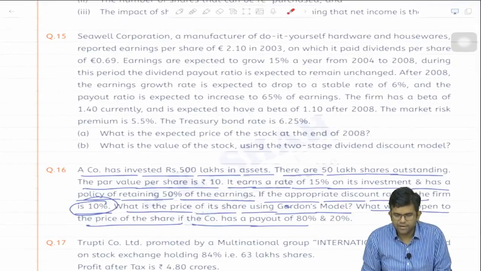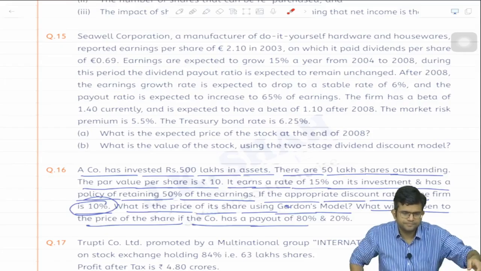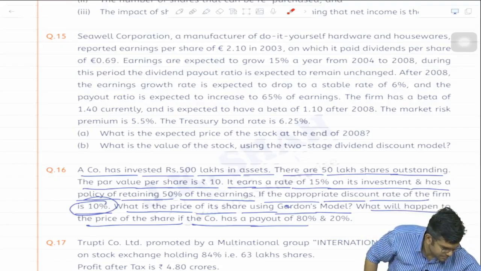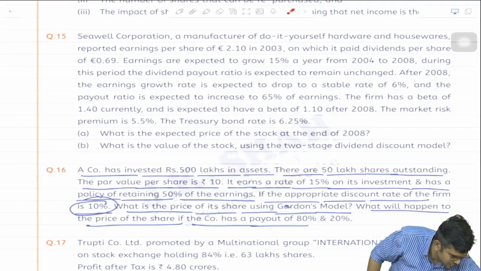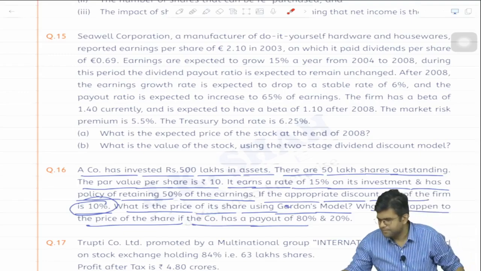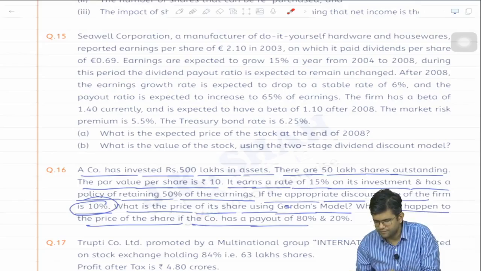Question number 15. Very, very well made question.